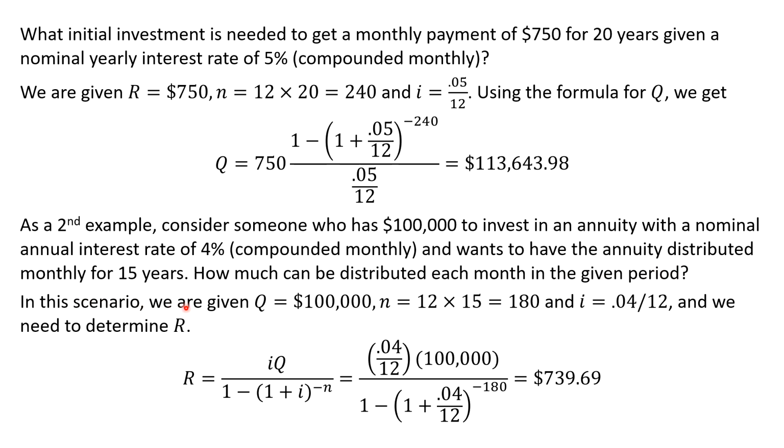So in this scenario, we're given Q, N, it's 180 this time, and I. And so now we use the second formula we had on the last slide, which I've written here. And we plug everything in, and that person could get $739.69 every month for 15 years under these conditions.